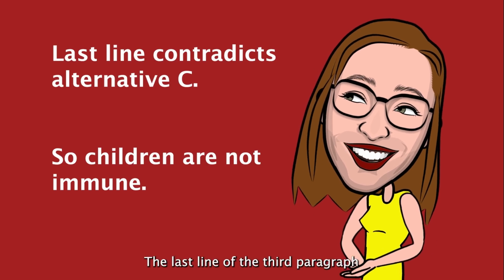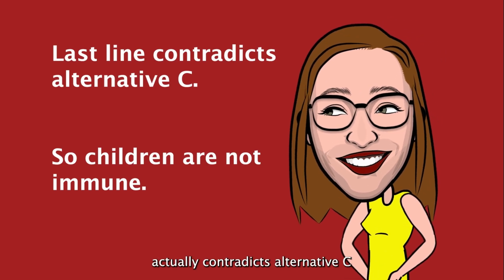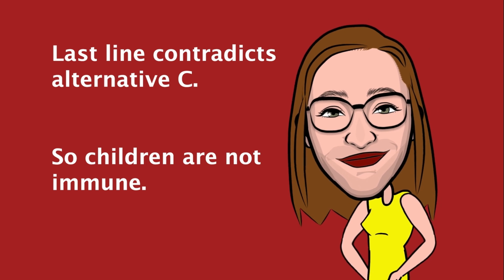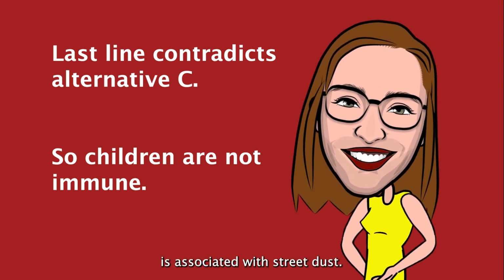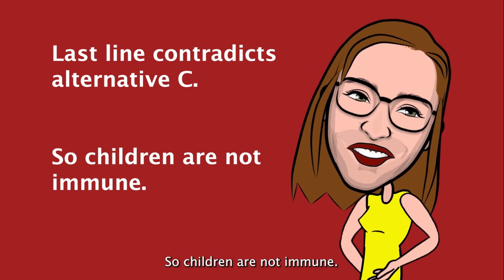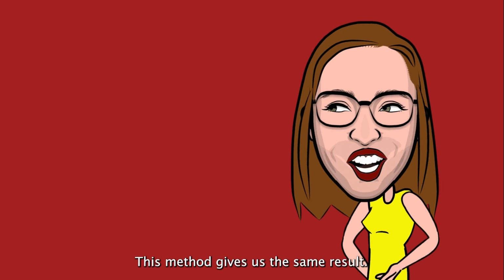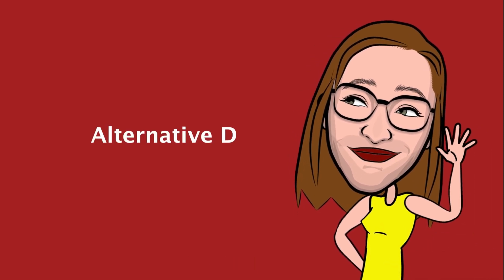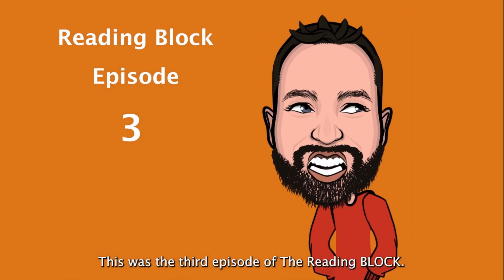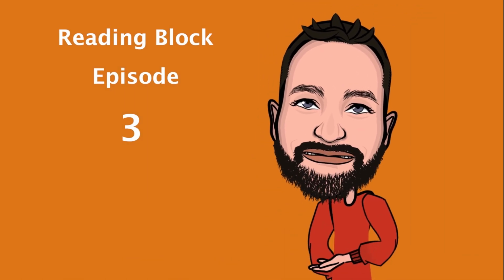The last line of the third paragraph actually contradicts alternative C, because it says that lead poisoning in children is associated with street dust, so children are not immune. This method gives us the same result. Alternative D.